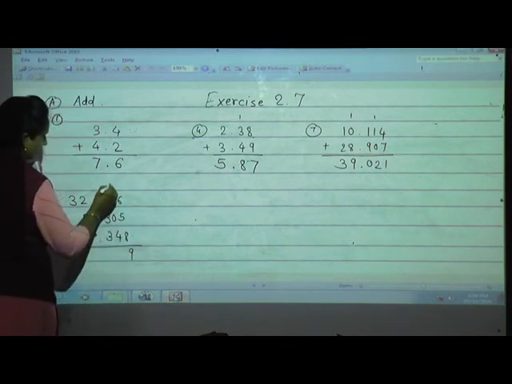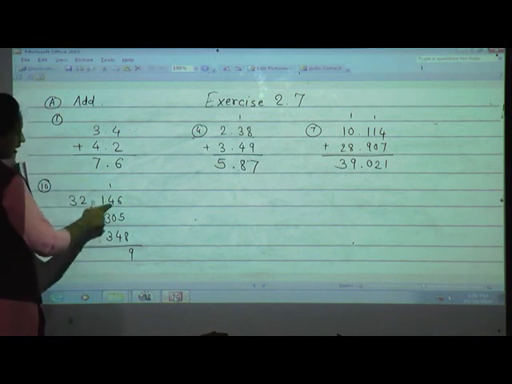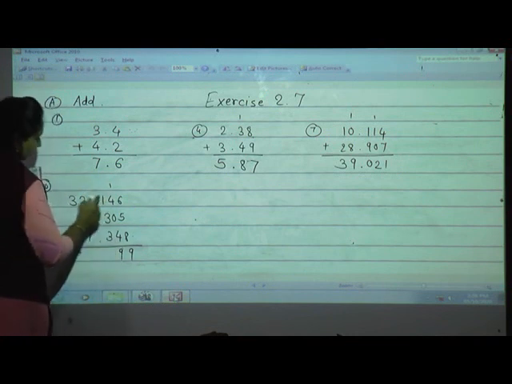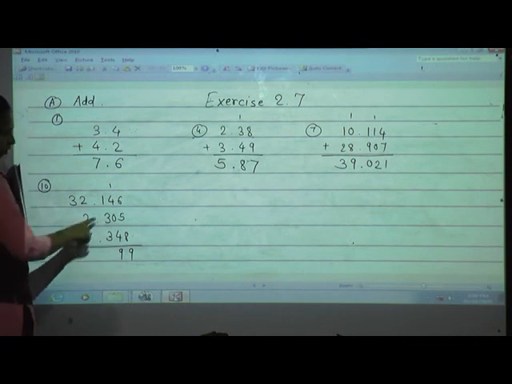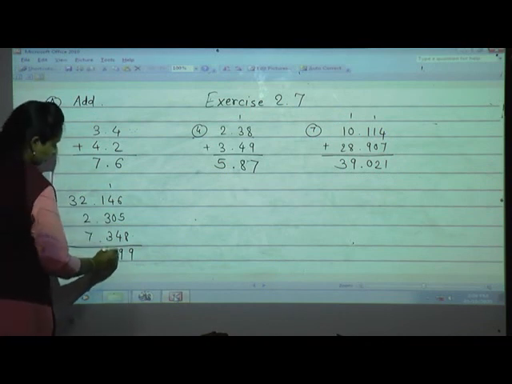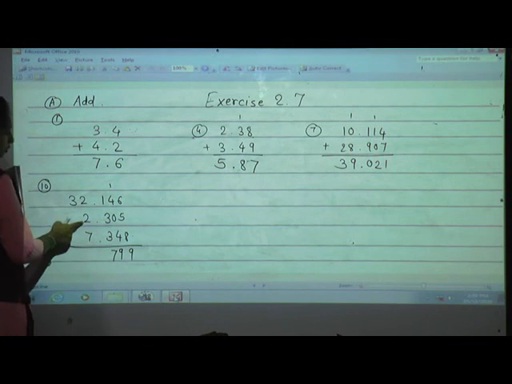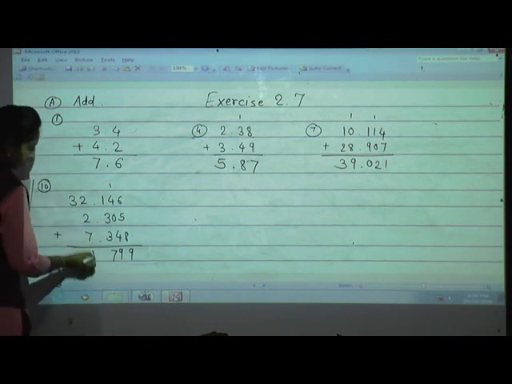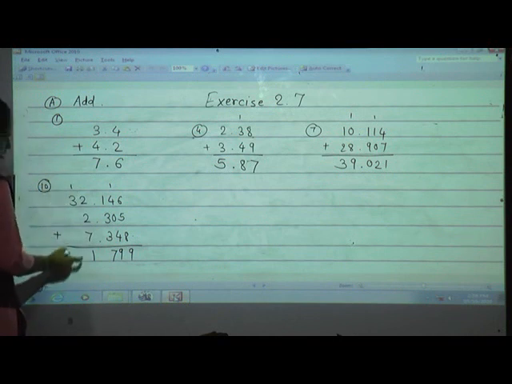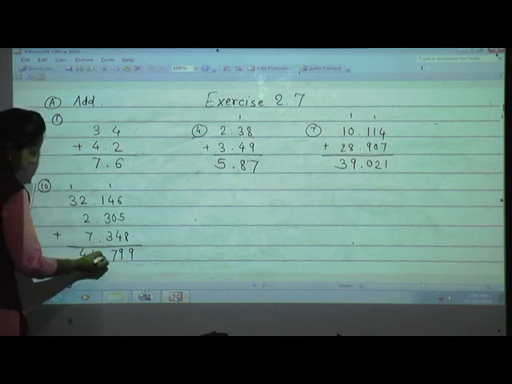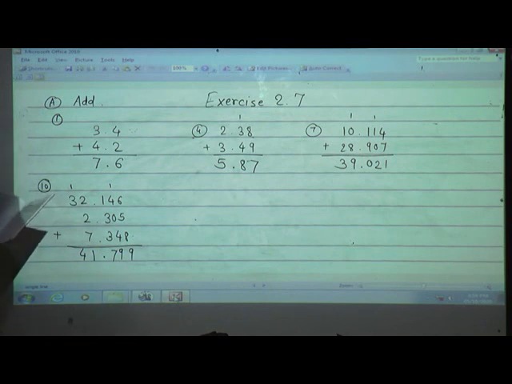So write 9 here, carry 1, 1 plus 4 is 5, 5 plus 4 is 9. Now 1 plus 3 is 4, 4 plus 3 is 7, 2 plus 2 is 4, 4 plus 7, yes, 11, 1 here, carry 1, 1 plus 3 is 4. So give the decimal point at the same place.